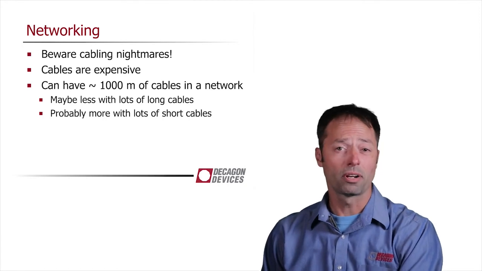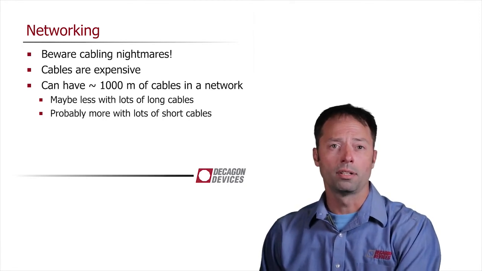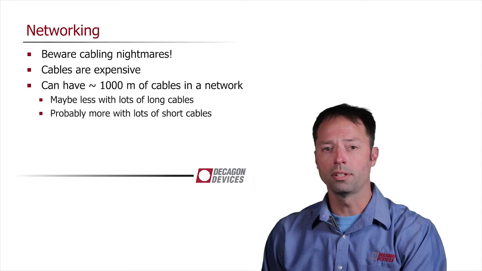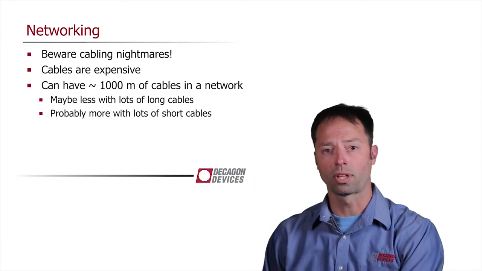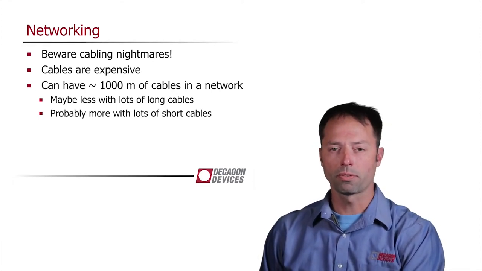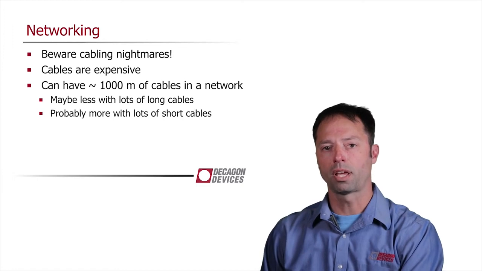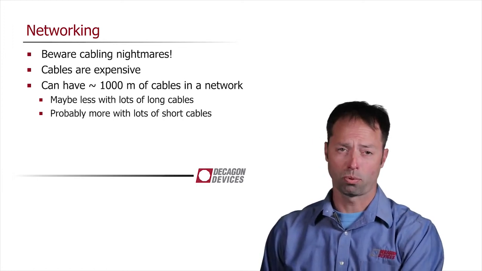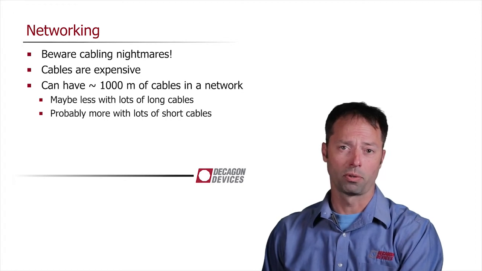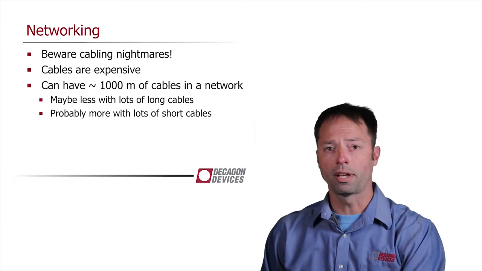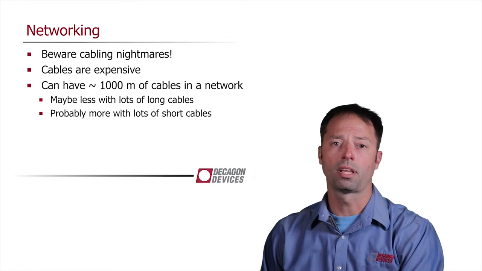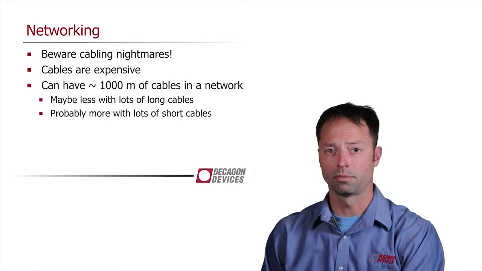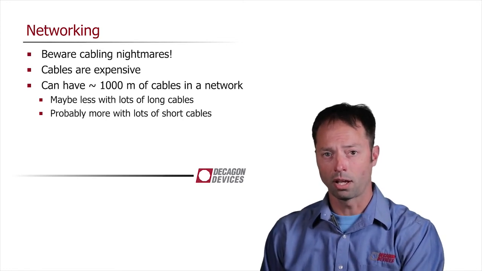For one thing, cables are expensive, and there is a limit to how much cable you can have on one common network. A good rule of thumb for this is about 1,000 meters of cable, maybe less with lots of long cables, probably more if you have lots of short cables. Also, this is an area that might not be the same for all different types of SDI-12 sensors.